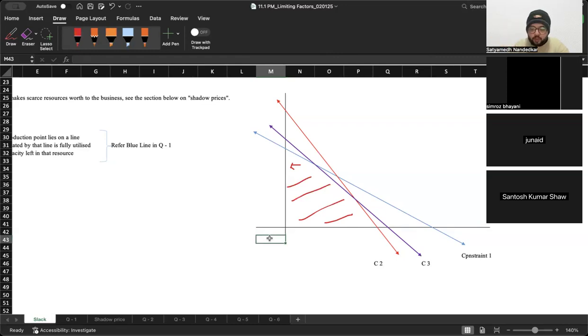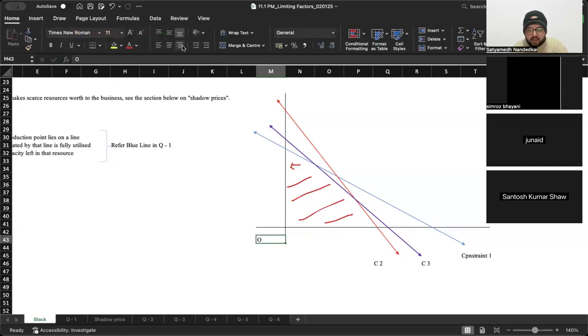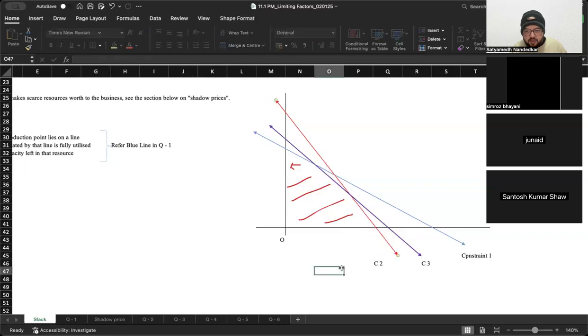That is my corner point theorem: whatever my solution is, my optimum solution will always lie on a corner point. So 0, C, 0, A, oh yes, 0 A B C D is my feasible region. 0, A, B, here will come C, and this is my D. This is my feasible region.